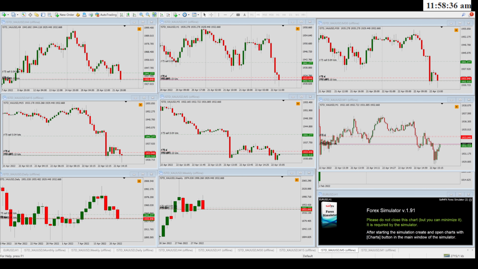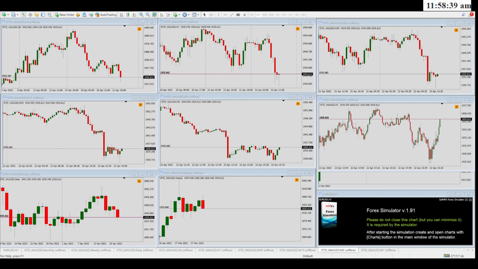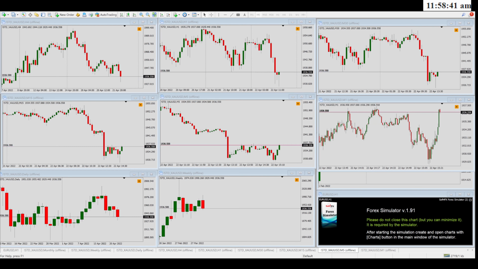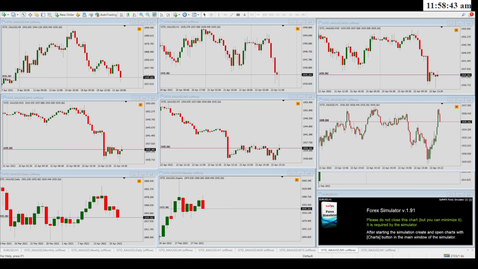And yeah, that's it. But we moved up, so technically I got stopped out around 13 pips, which is pretty good because initially my stop loss was around 40 pips.